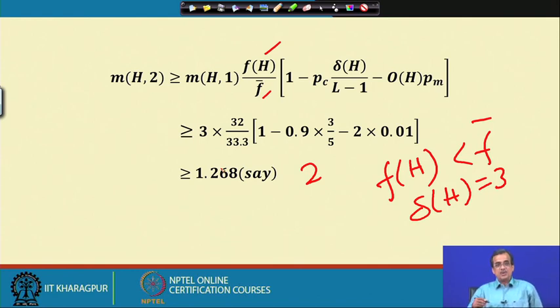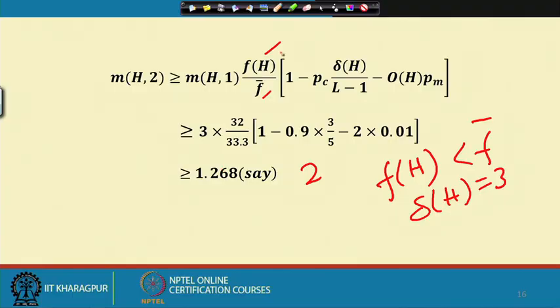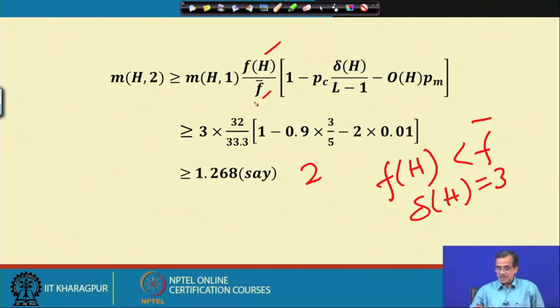Now, according to the schema theorem or the building block hypothesis, this schema H is not a good schema, because here the schema fitness is found to be less than the average fitness of the population, and this defining length is not a short defining length, it is actually a large defining length.